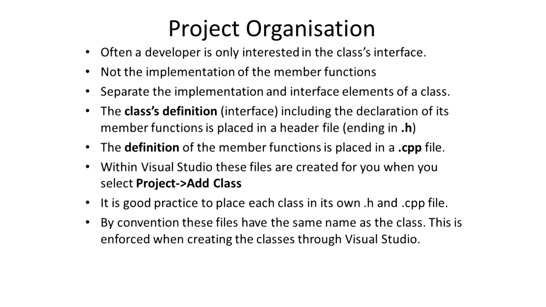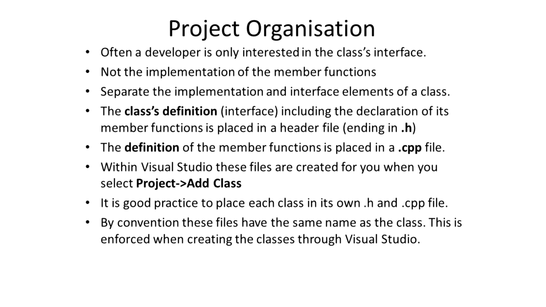And in C++, we have the option of actually separating the declaration and the definition parts of the class, where we can place the class's interface into a .h file known as the header file, and then place the implementation, the definition for those member functions into a .cpp file, a separate file that then has an include statement to link the two files together so that when the compiler sees a reference to a member function, it can then look up the implementation of that member function and go to the designated place where that's implemented.